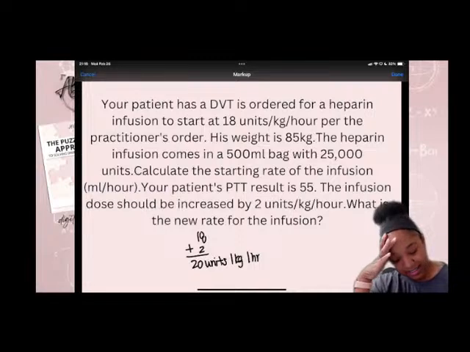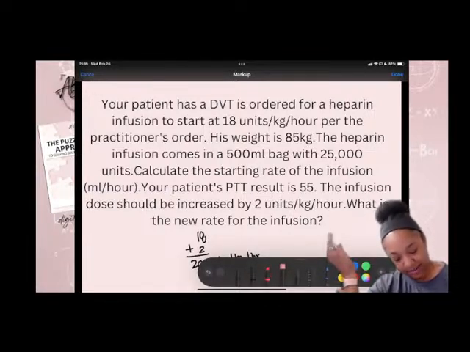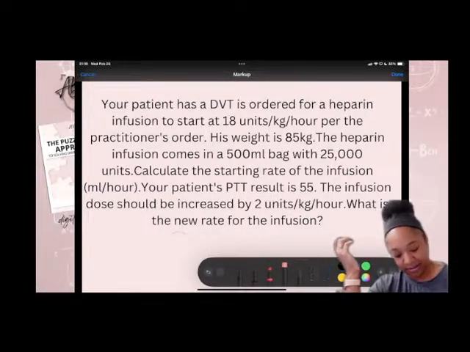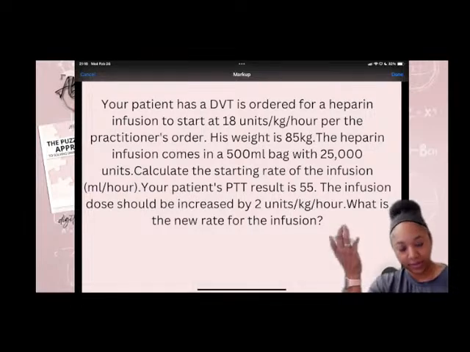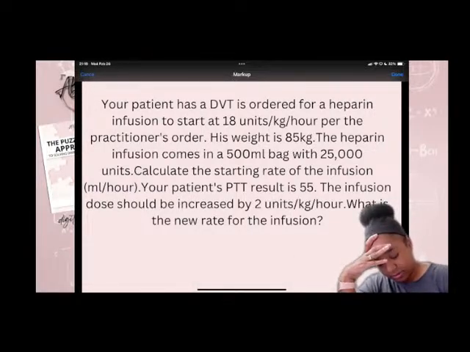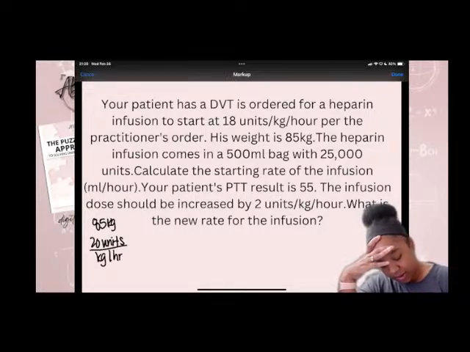All right. So if you're just changing from 18 units to 20 units per kilogram per hour, you would do the same thing with your 20 units. So our patient's weight was 85 kg. We're at 20 because we just increased it by 2 units per kilogram per hour. And then we have 500 ml.